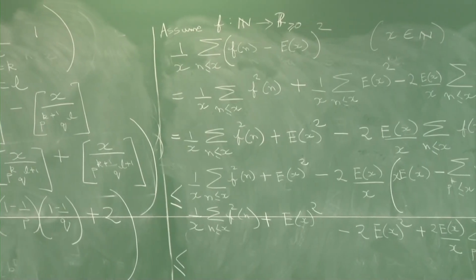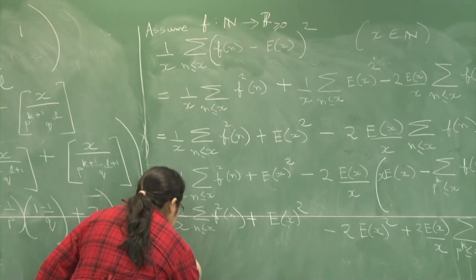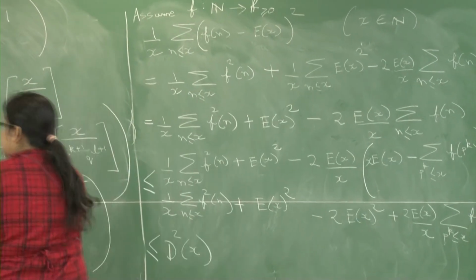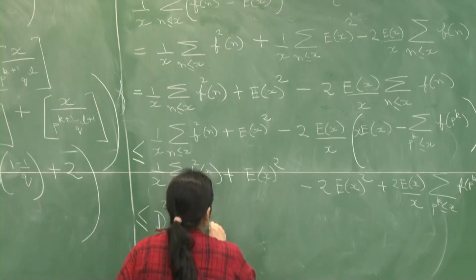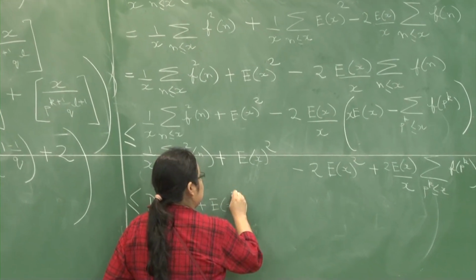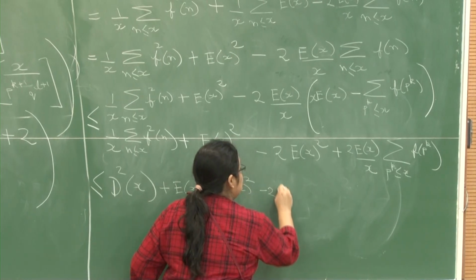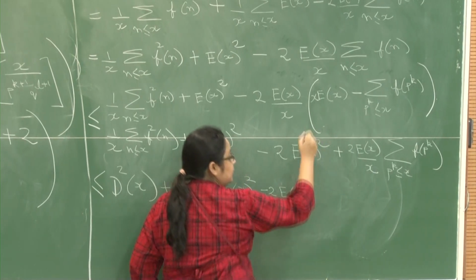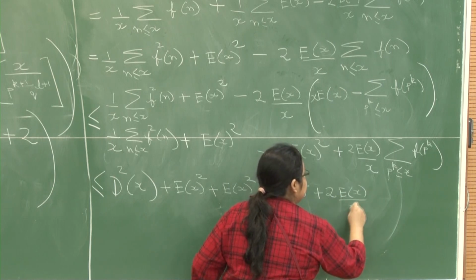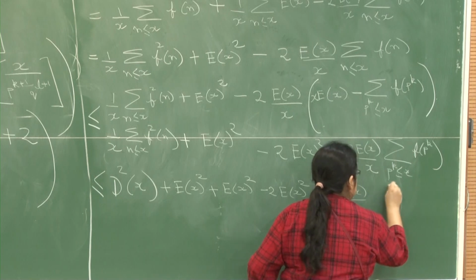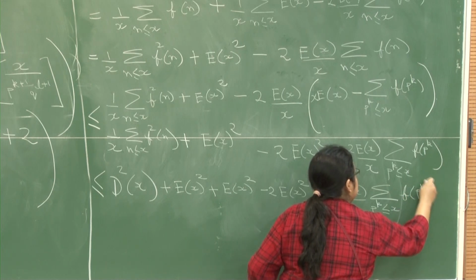the first term here, which is just the square of d of x, the second term, which is just the square of e of x, then you already have e of x square, then you have minus 2 e of x whole square plus 2 e of x over x, summation over p raised to the k less than or equal to x of f of p raised to the k.